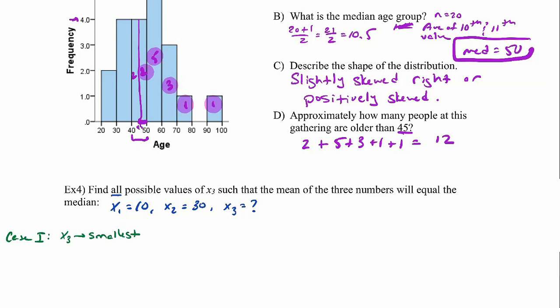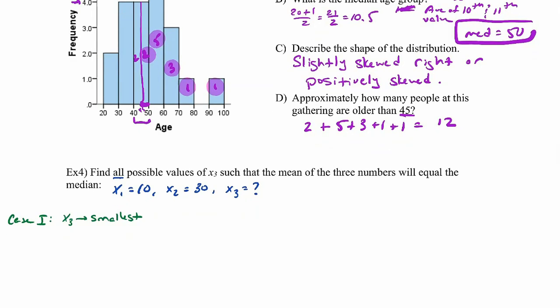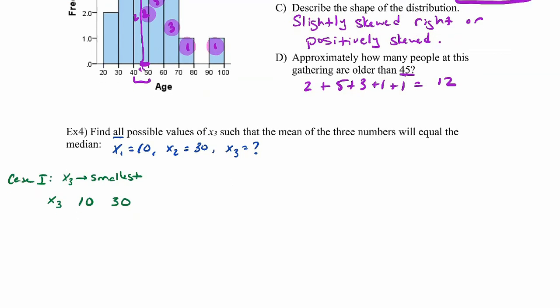In which case, if I'm setting up for the median, I would write the numbers like this: x3 is the smallest, x1 being 10 is the next largest, and x2 being 30 is the largest of them all. Now we have our numbers in order, so we can see what the median is. If x3 is the smallest, the median is going to be 10.